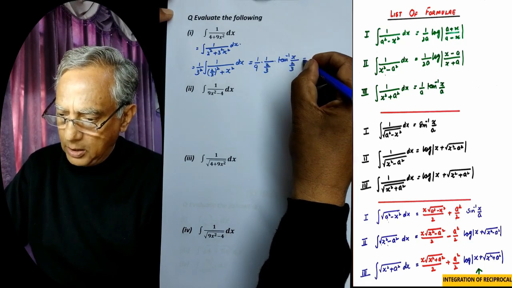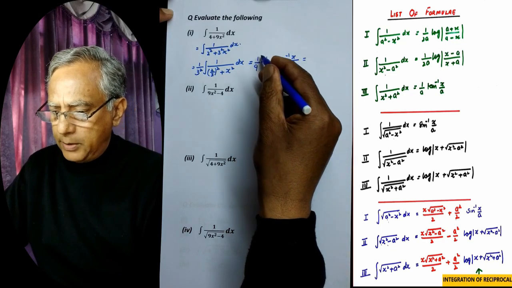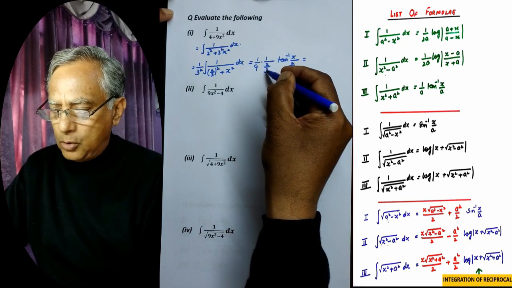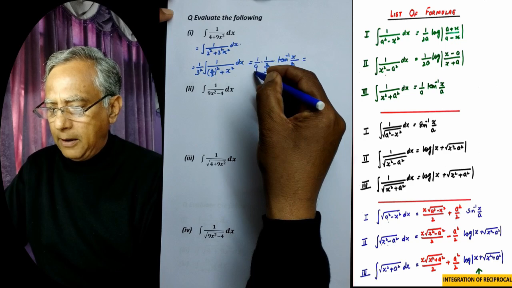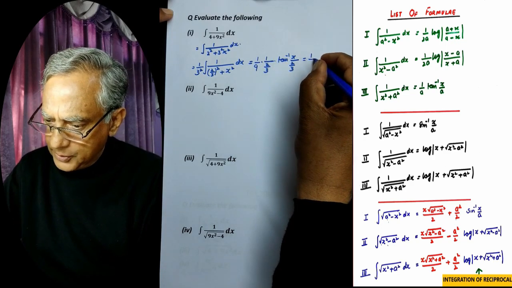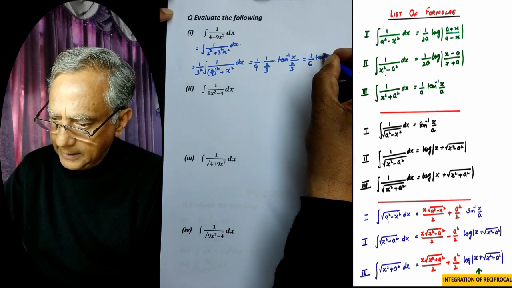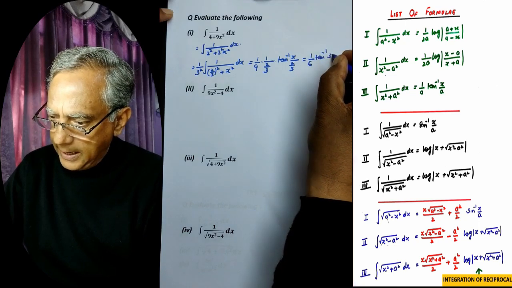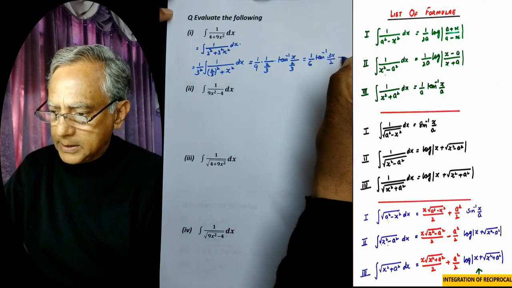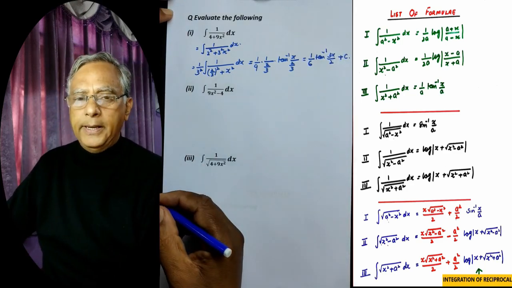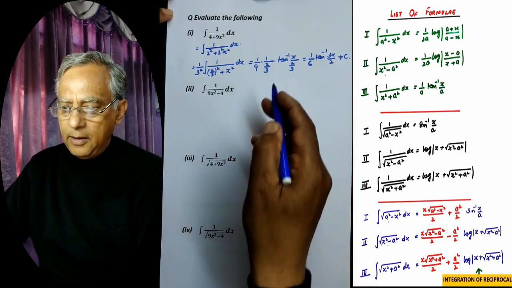Now this will go in the numerator, so this will be 3 by 2. So we will be left with 1 by 6 tan inverse 3x by 2 plus constant of integration. This is the formula.